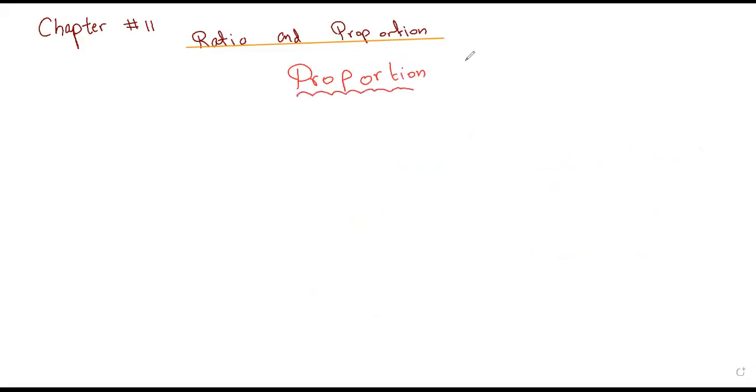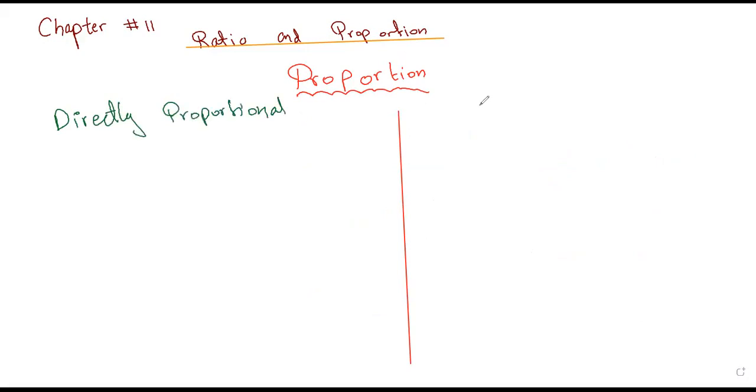We have two types. One is directly proportional, and the other one is inversely proportional. I'll give you an idea this way.